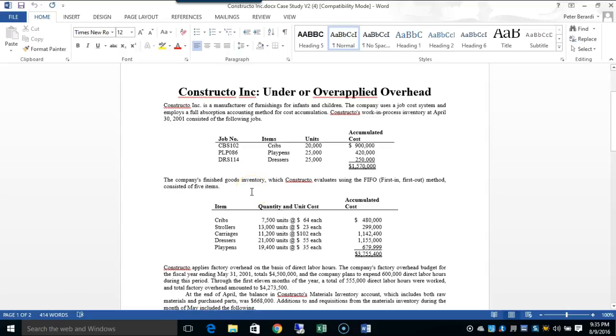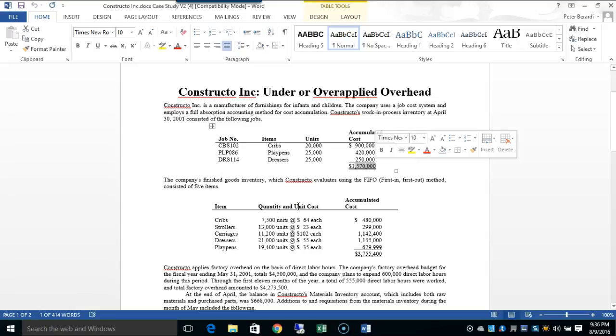Job CBS 102, job playpens PLP 086, and dresses DRS 114 are our beginning balances in work in progress for May 1st, ending balance April 30th. So basically, this is our beginning balance for May 1st.